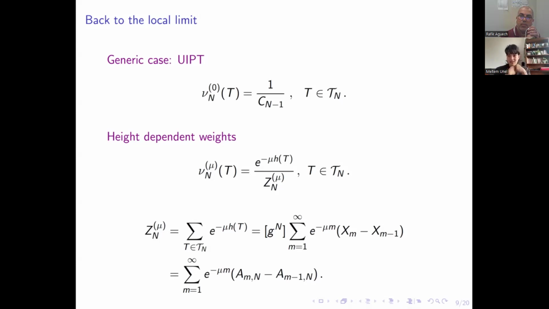But for penalizing by the height, a statistical mechanical model that requires it, I don't know. I haven't encountered it, and it would be interesting to know why and how. Yeah, but there are, for example, works on Brownian motion that is penalized by its range. But these are all mathematical works that I know.